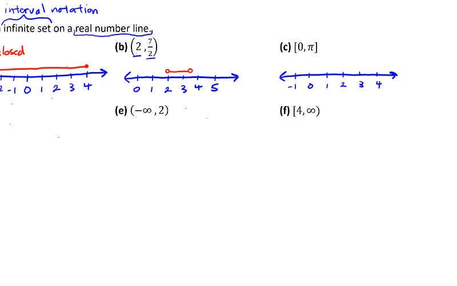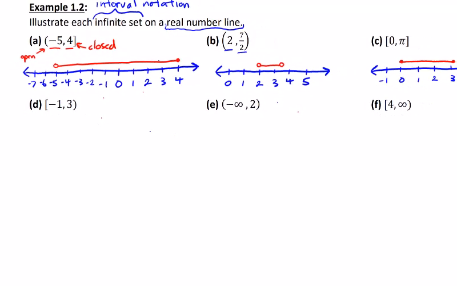So I'll put a closed dot at 0. I'll put a closed dot at pi, which is approximately 3.14. So it's just your best guess at about where that is. And then we will make sure that we indicate that we want all the real numbers in between. And that's what we get for part C.